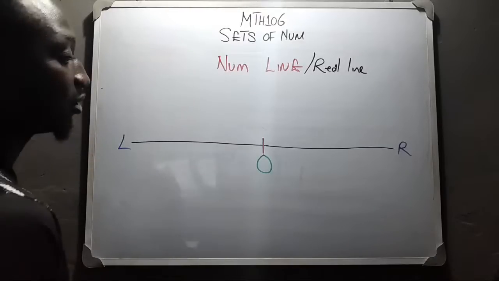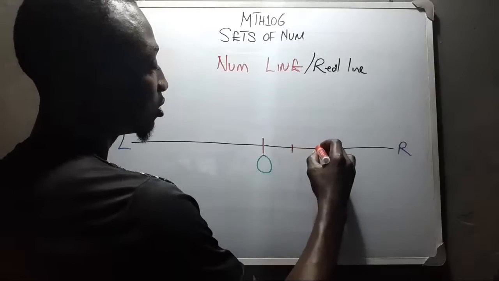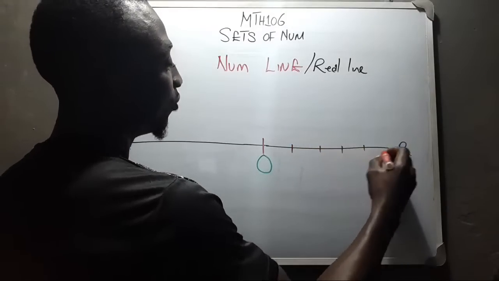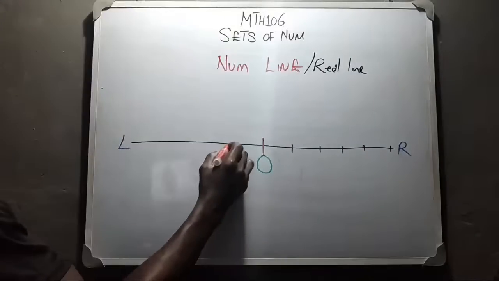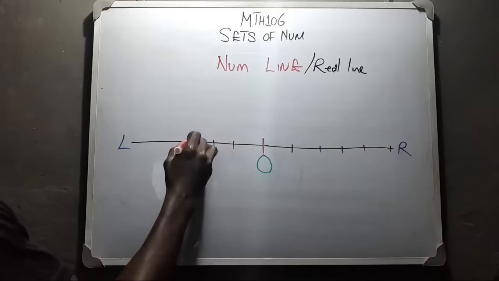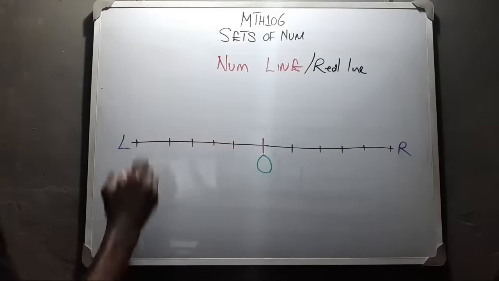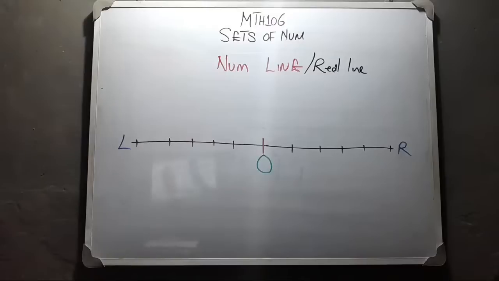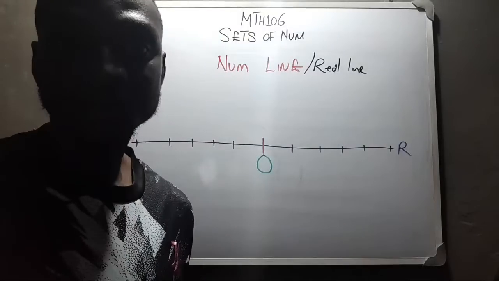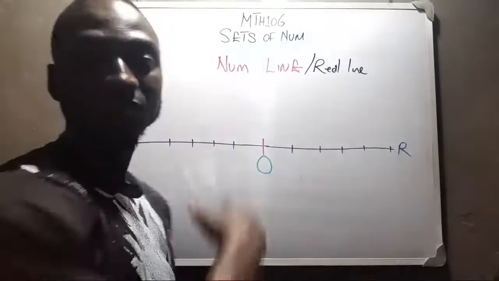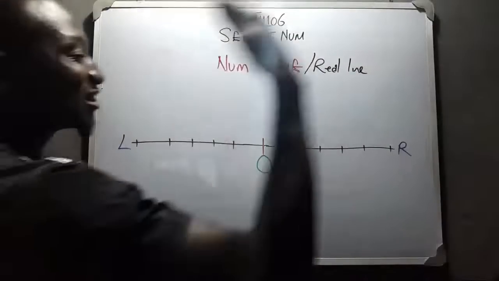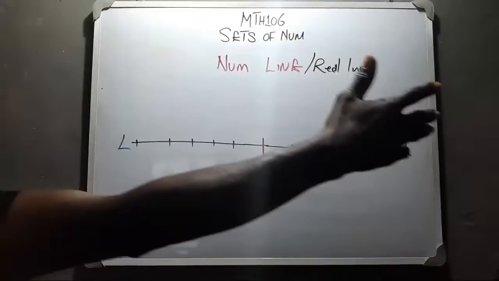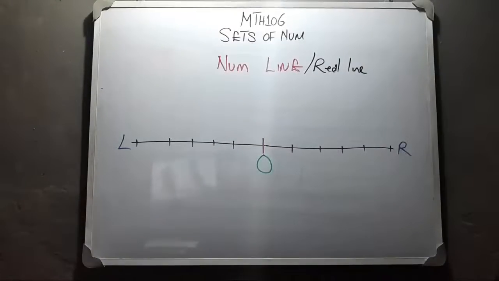Let me do 1, 2, 3, 4, 5. On the left hand side we said they are negative numbers. Yes, to the right hand side we have the positive numbers.